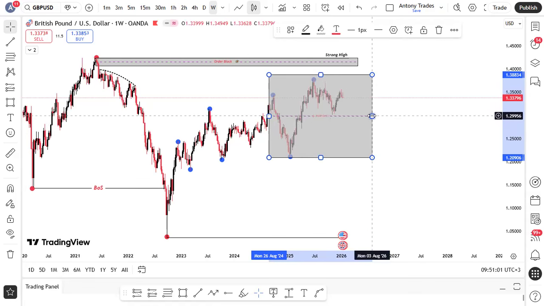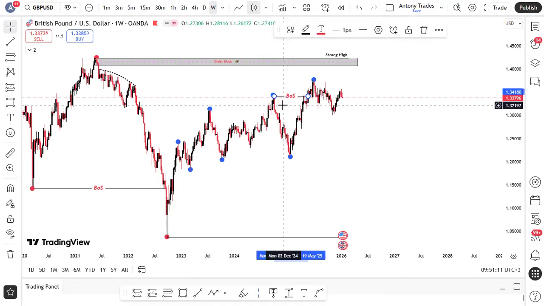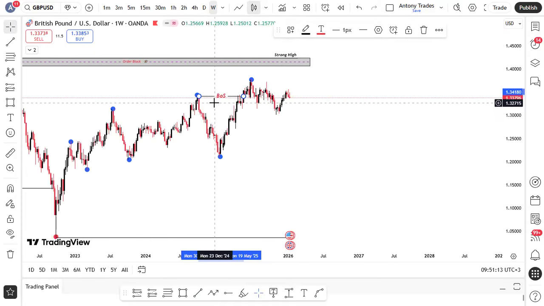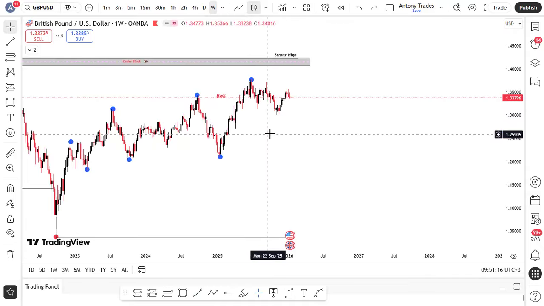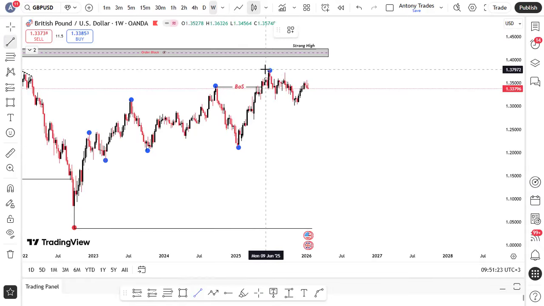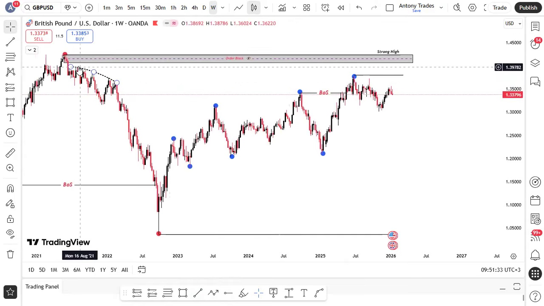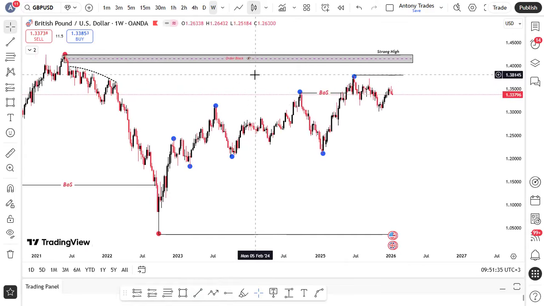Now that being said, I'll mark this break of structure like this, because that is my recent break of structure. Now that I know this, and I have this swing high and swing low, this is my dealing range. So this here is my weak high, because I'm expecting that high to be taken out, as the market has not yet taken out this liquidity.